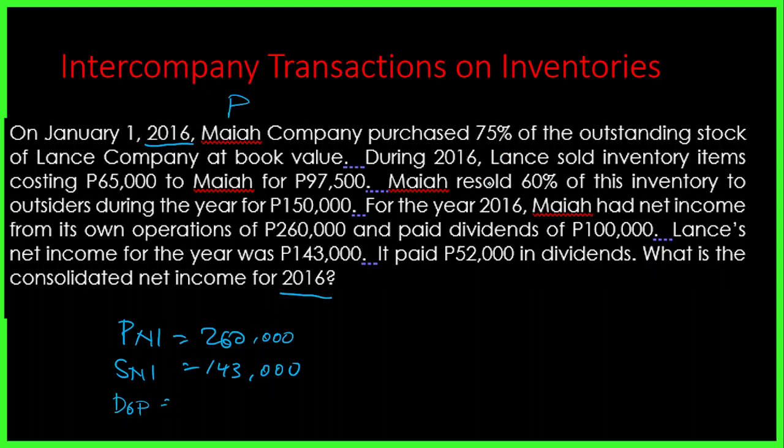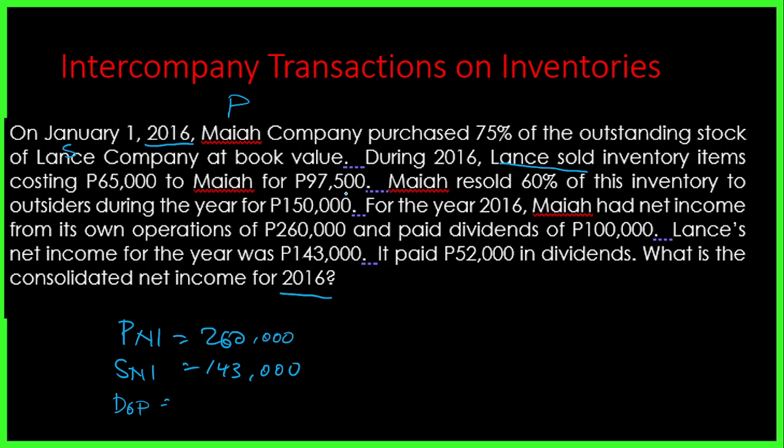So, let's see. During 2016, Lance. Sino ulit si Lance? Lance is the subsidiary. So, this one is an upstream sale because Lance sold inventory to Maya. So, you have 65,000, that is now the cost. It was sold for 97,500.